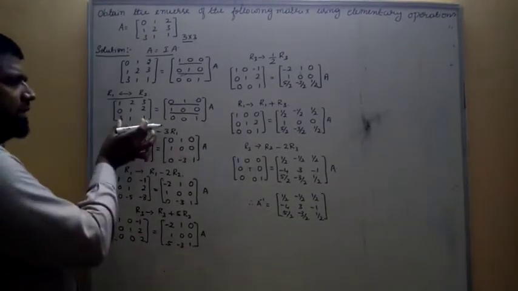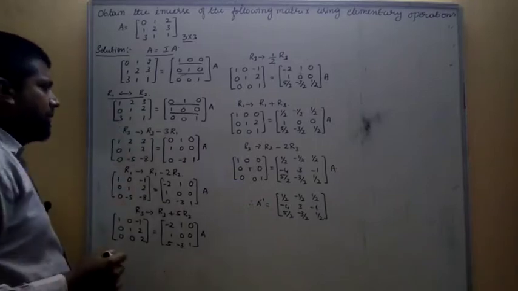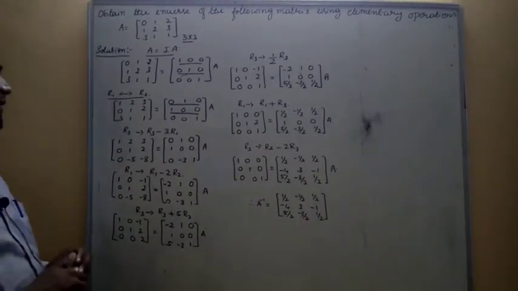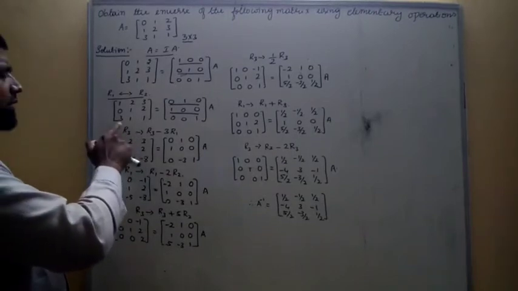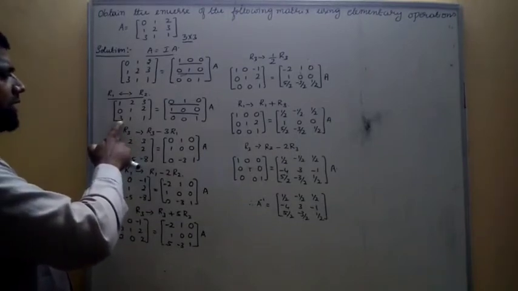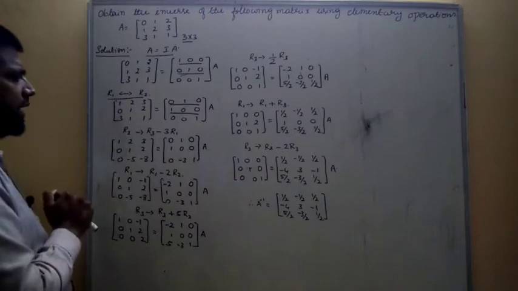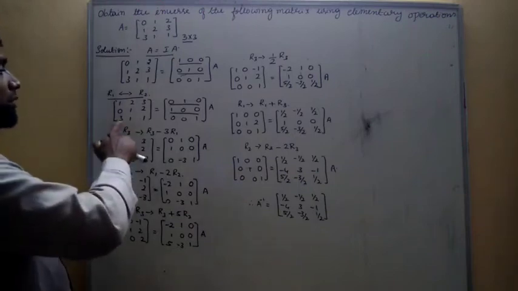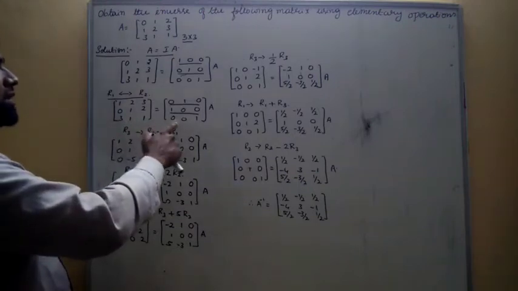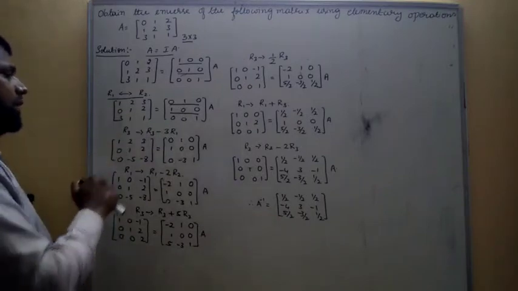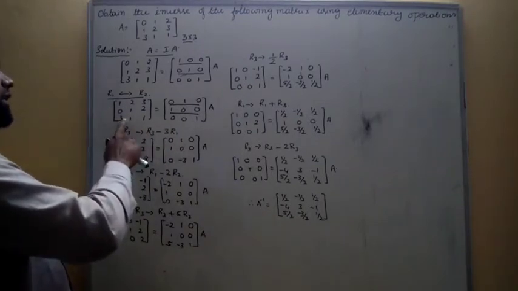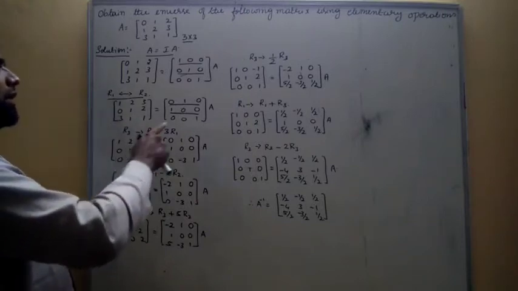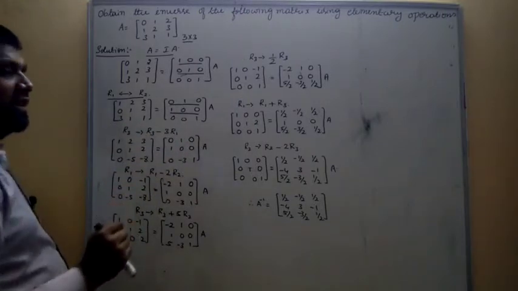So if you observe this matrix, what do you feel here? In row 3, 3, 1, 1 is there. We have to make this row 3 as 0, 1, 1. So let us take the first step. 3, 1, 1 should be converted to 0, 1, 1, but we cannot convert directly.